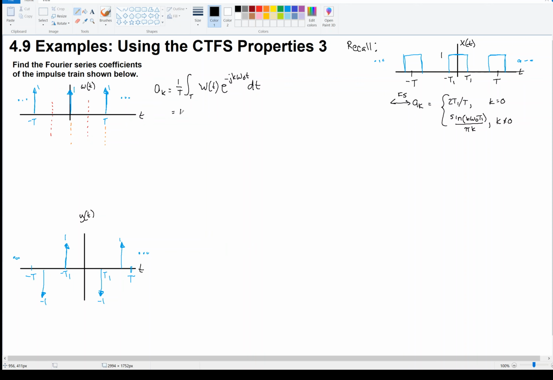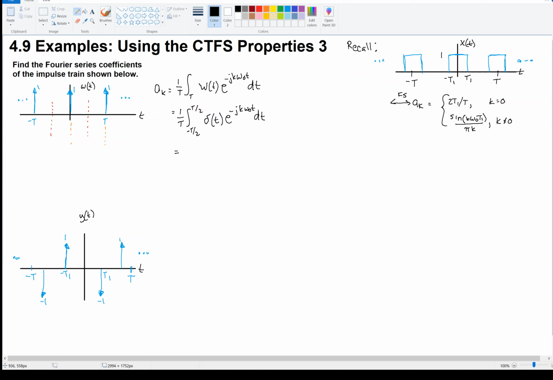Now it's much clearer. So I'm going to pick my interval strategically: minus T over 2 to T over 2. And in the red interval, it's clear that there's just one impulse, right? So the signal w(t) is just the impulse, times e to the minus j k omega 0 t dt, right?